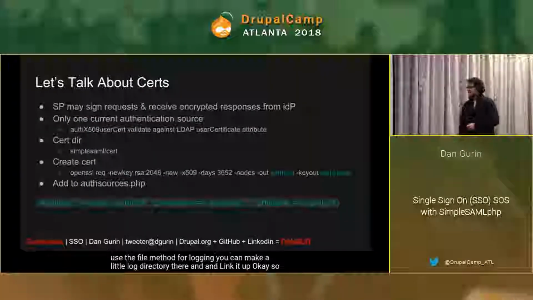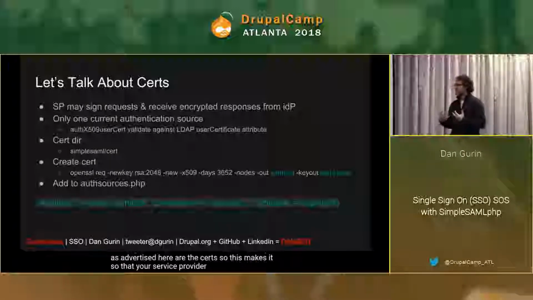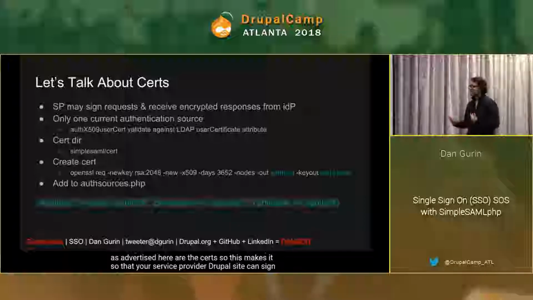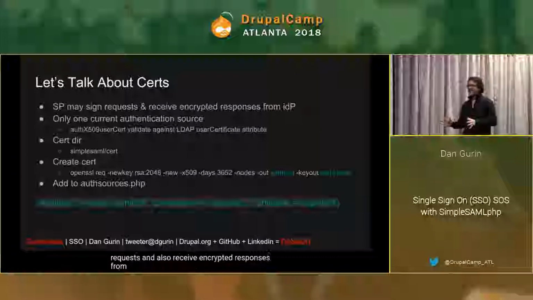Okay, so as advertised, here are the certs. So this makes it so that your service provider Drupal site can sign requests and also receive encrypted responses from the identity provider.